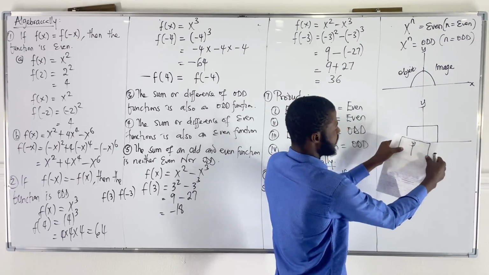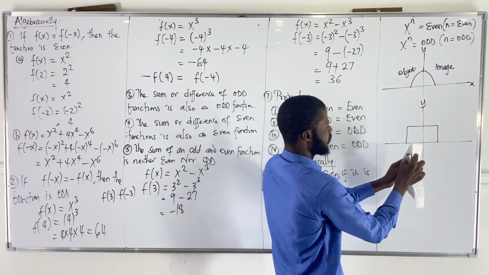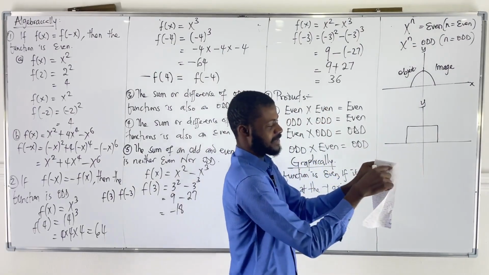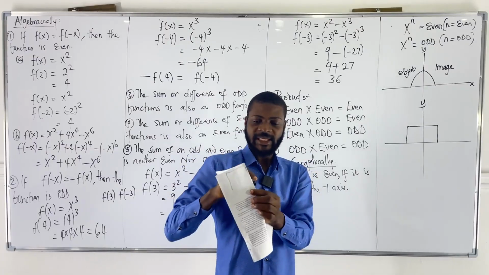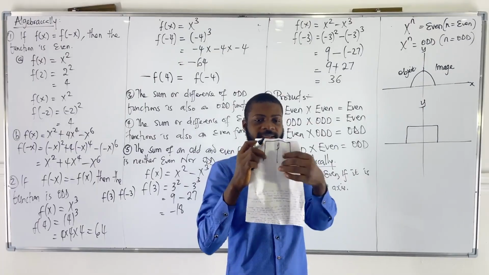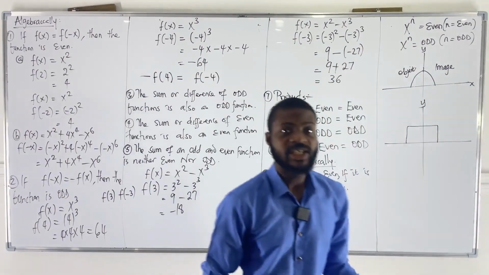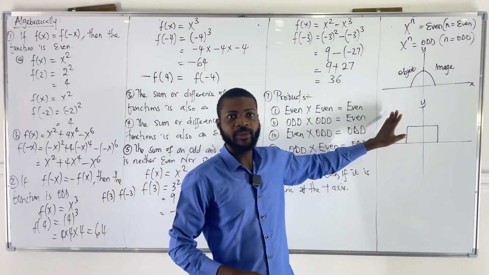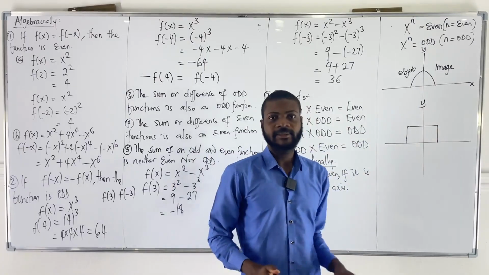If I should fold it here, this part, every single box would align. So this line where it aligns, this line is the y-axis, so that it closes perfectly. Now this function will be called an even function because every single thing is mirrored on the other side.